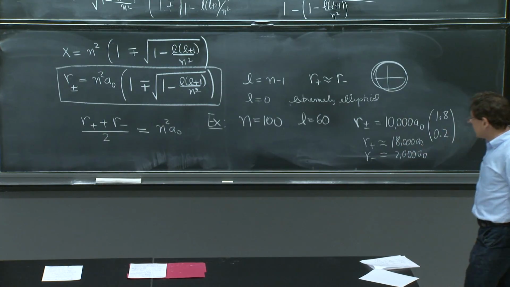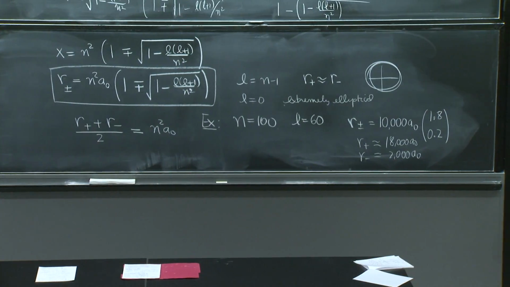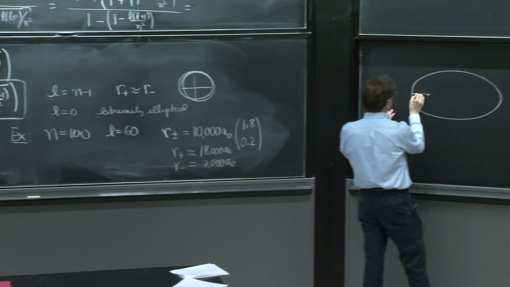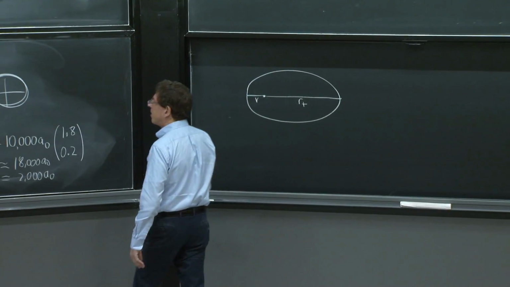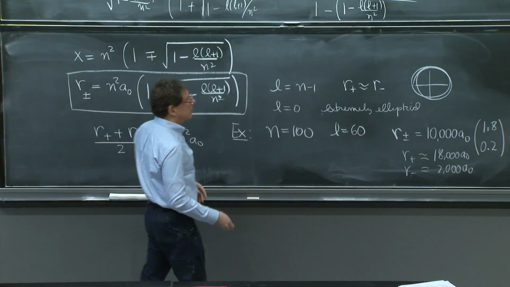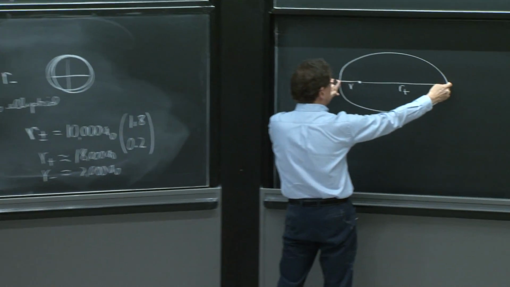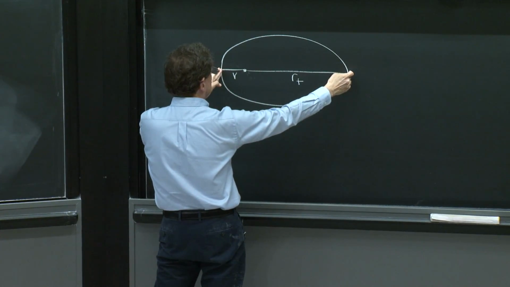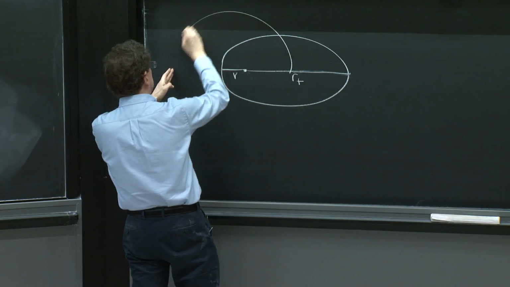And all of our orbits satisfy this property that all of the orbits with different L have the same r plus plus r minus. So if this is the total length of the major axis, when the orbit becomes circular, it's the same.